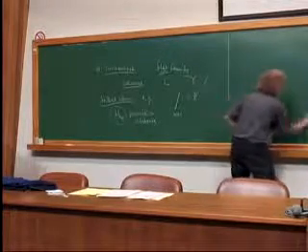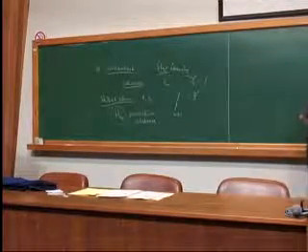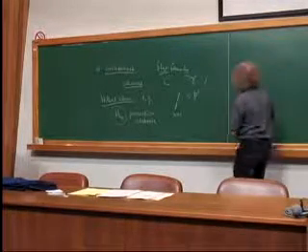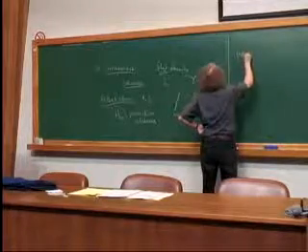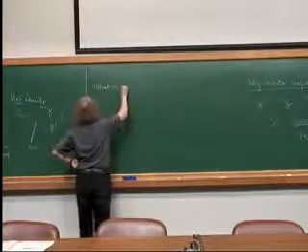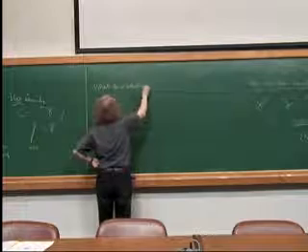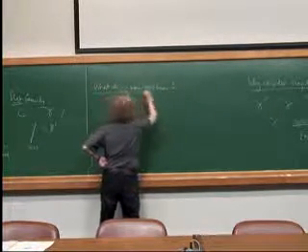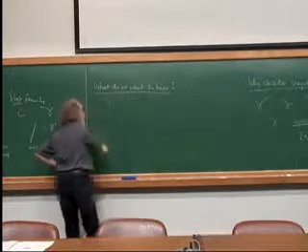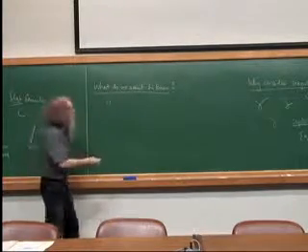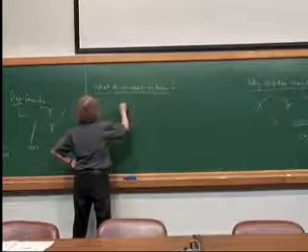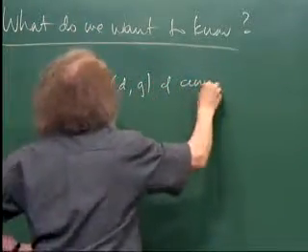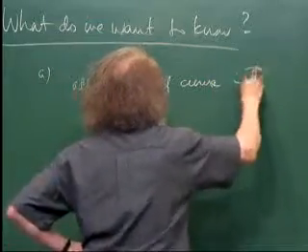So if I make a sort of shopping list of everything I'd like to know, first of all, we'd like to know all the possible degrees and genera (d,g) of curves in P3.